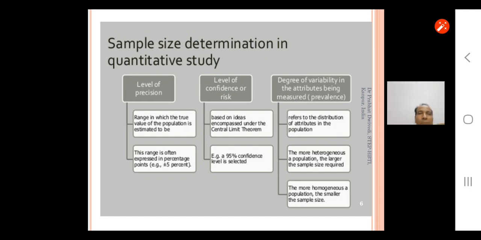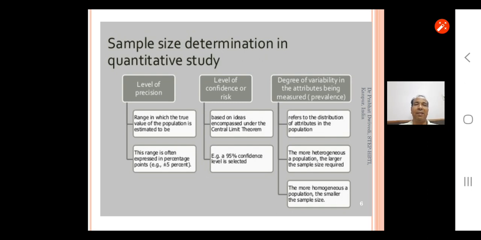Now here we can have a glance at this diagram, which is related to the quantitative study. When the study is quantitative, how can we determine the size of the sample? There are 3 main determinants of the size. One is level of precision.